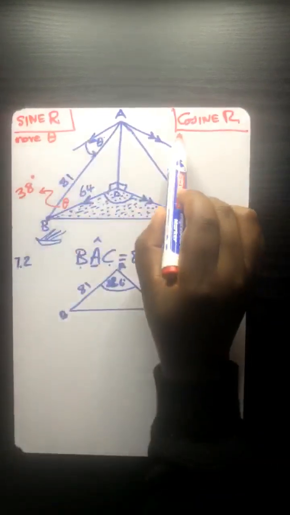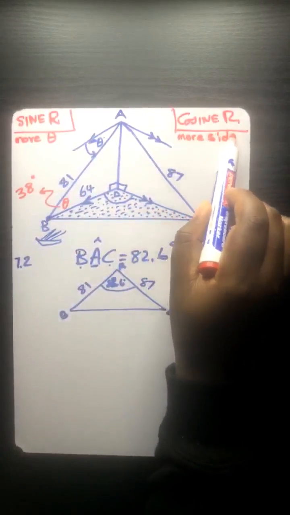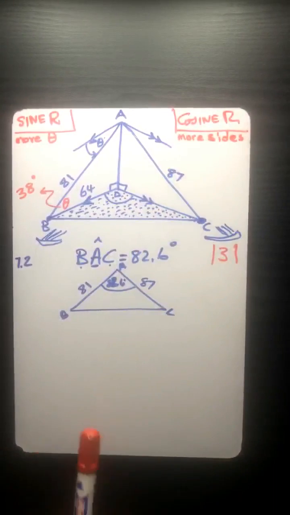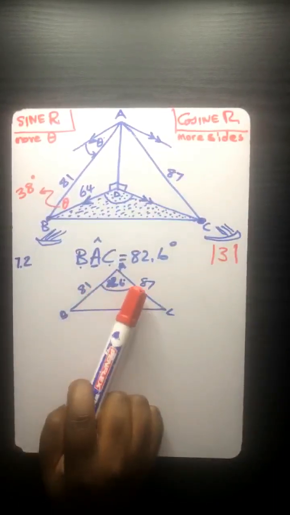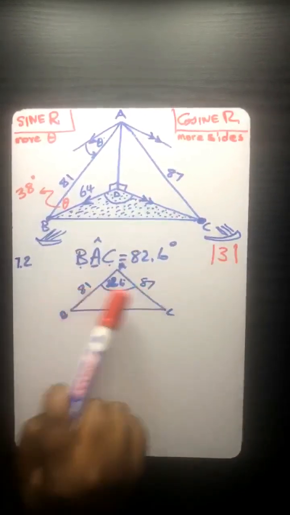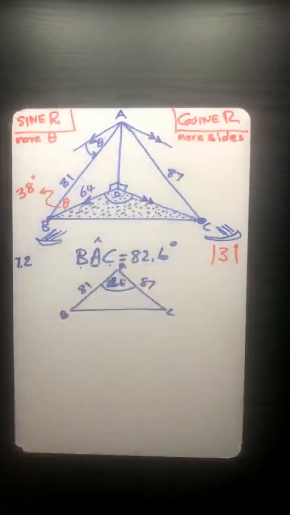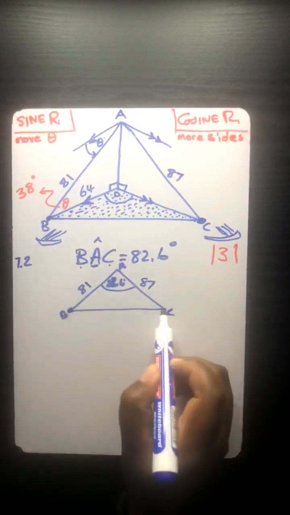The cosine rule you use when you have more sides. So you look at the triangle and ask, do I have more angles or more sides? You realize you've got more sides, two sides. Then it means the cosine rule is the relevant formula to use because you need those two sides.